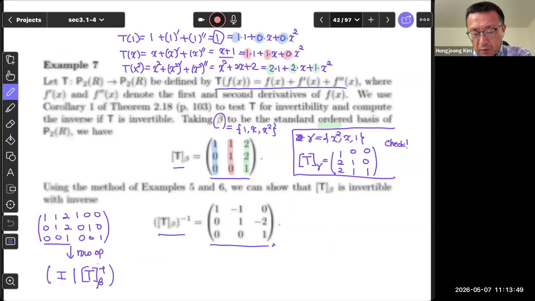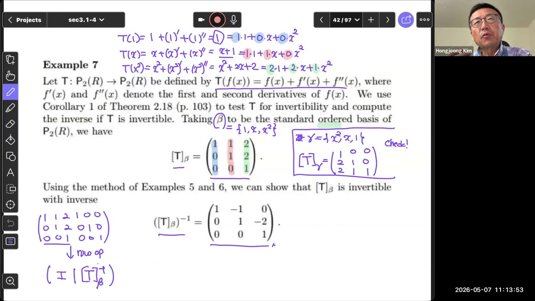So this example 7 tells you how to find the inverse image of this T. T is invertible, right? Because its matrix is an invertible matrix, so we could find its inverse.